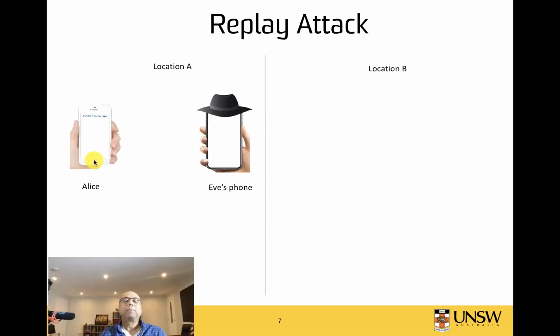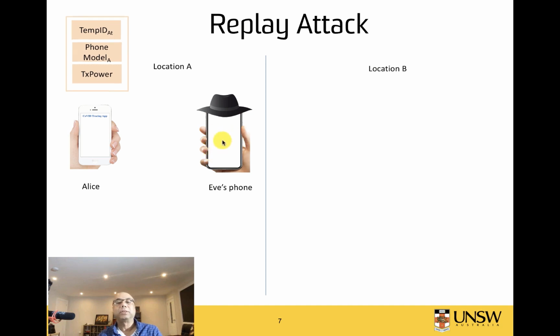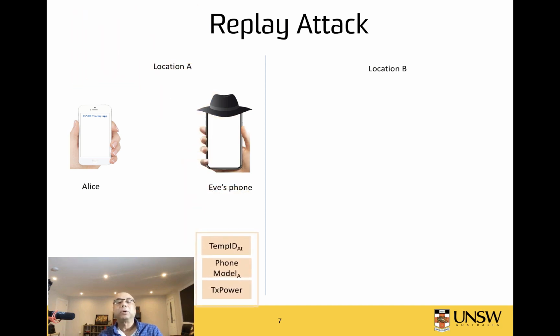So what happens if this temp ID that you were given is broadcast and some malicious actor at location A is able to capture that and then see if they can do something bad with it? Let's say this record was transmitted and a malicious actor gets that record.